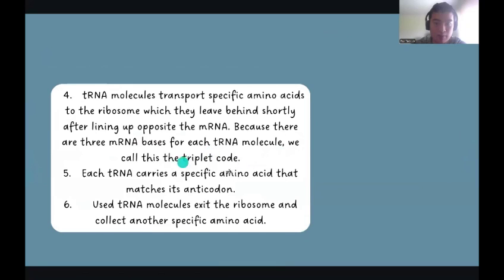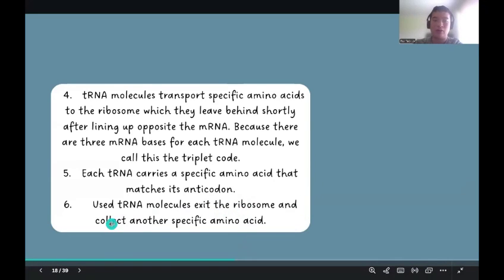So we call it the triplet code. Each tRNA carries a specific amino acid that matches the anticodon. Used tRNA exits the ribosome and collects another specific amino acid, continuing the process in a cycle.